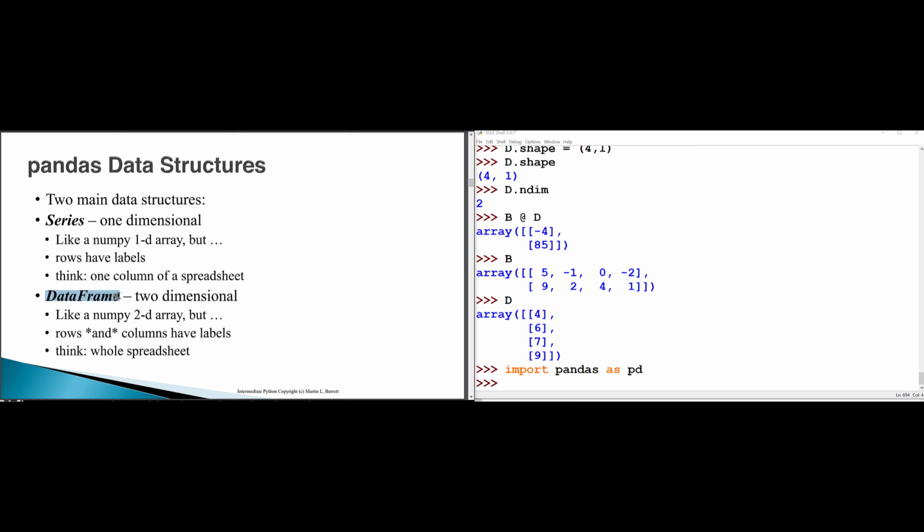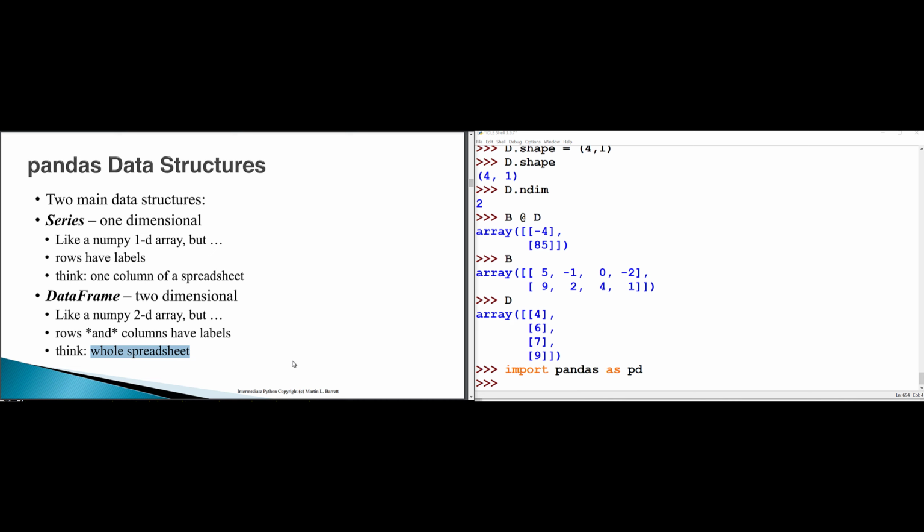The data frame is a two-dimensional variation on this. Each row has a label, but then there may be multiple columns. Each one of the columns is also going to have a label, a column name, and you can think of the data frame as basically being like a spreadsheet, where you have this two-dimensional collection of values, which may be a combination of integers, floating point numbers, strings, booleans.